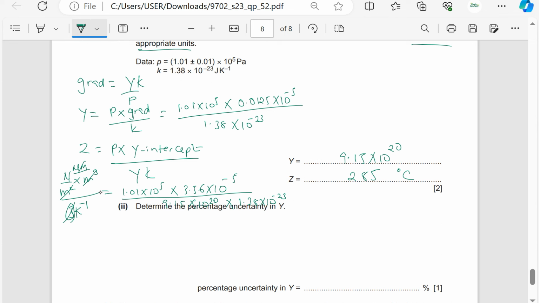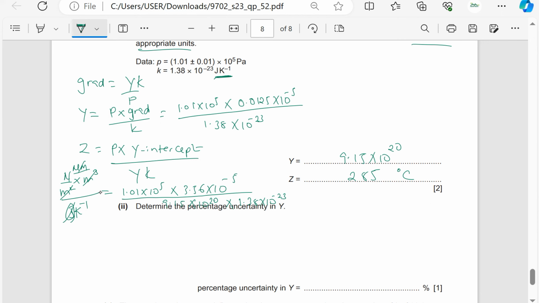Or it can be Kelvin, but I think it will be degrees Celsius because the x-axis was degrees Celsius. However, this was per Kelvin, that is for every change in Kelvin. And a change on the Kelvin scale is the same as a change on the degrees Celsius scale. That's why I'm saying the answer is going to be degrees Celsius.